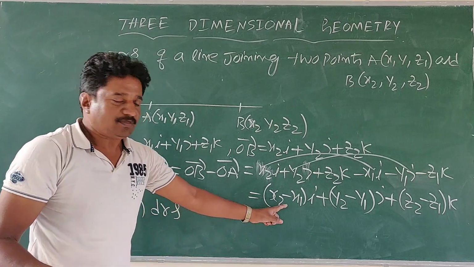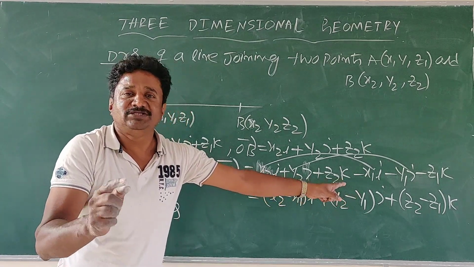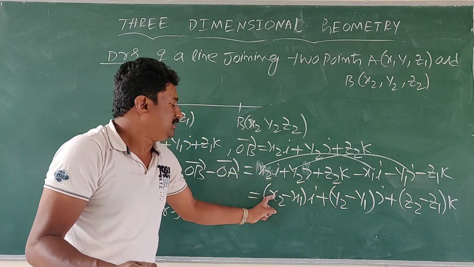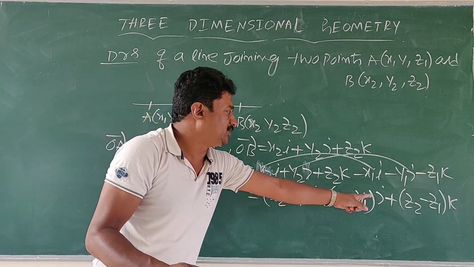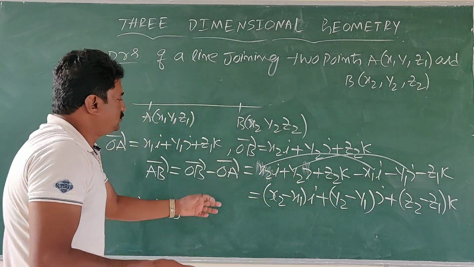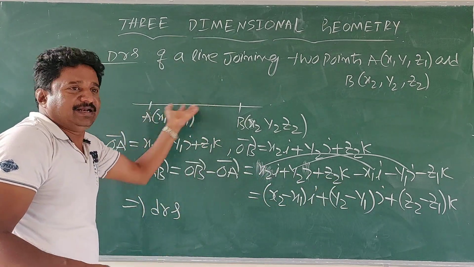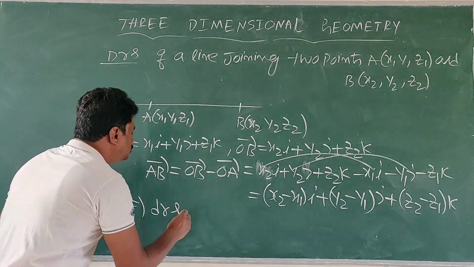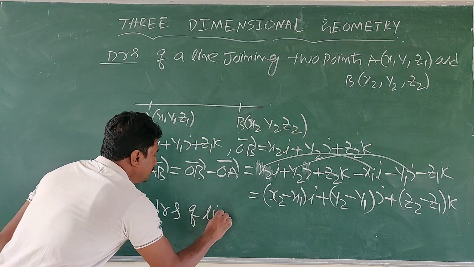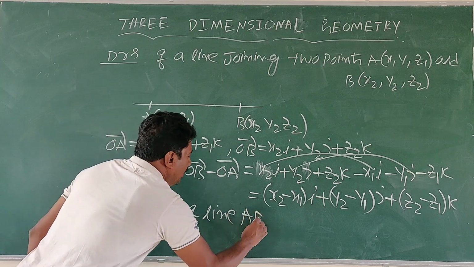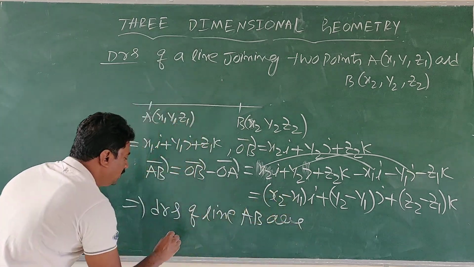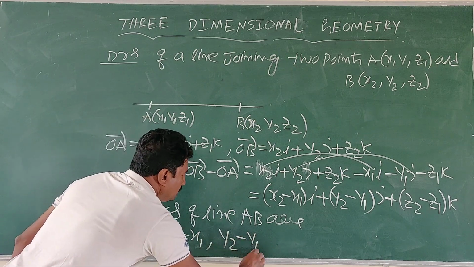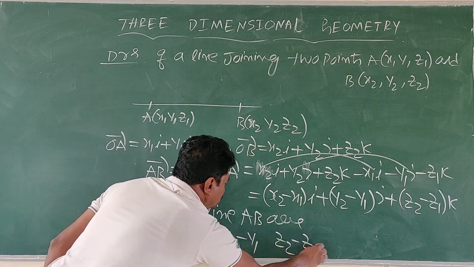So vector AB is the same as line AB. Line and vector are the same, right? So the DRs of line AB are x2 minus x1, comma, y2 minus y1, comma, z2 minus z1.